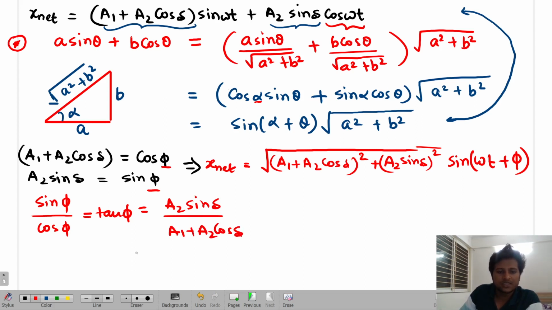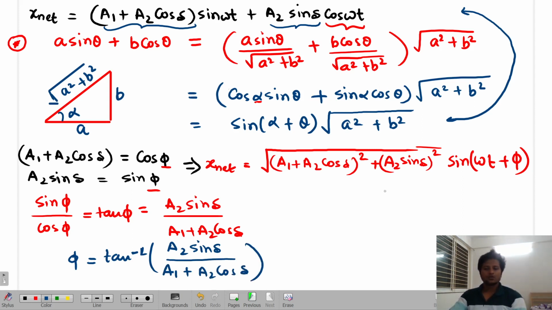So the value of phi here is tan inverse of a2 sine delta by a1 plus a2 cos delta. Is that clear?